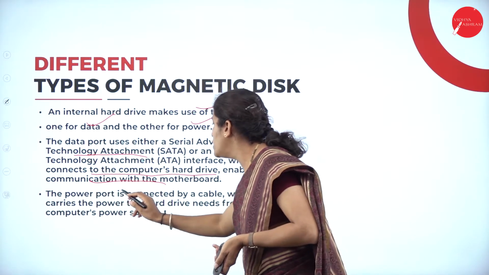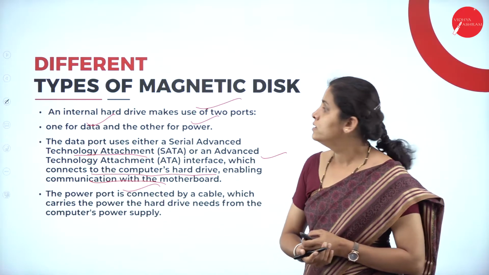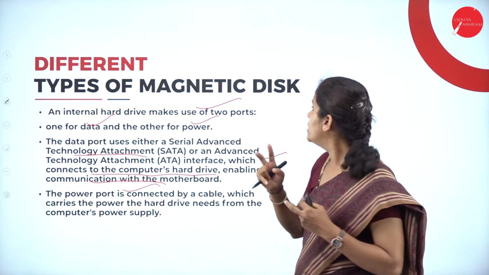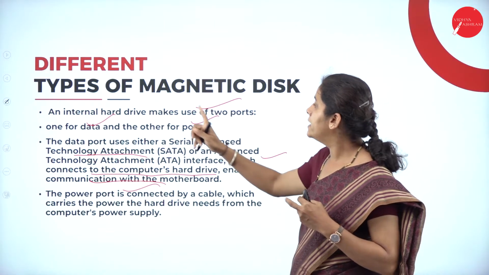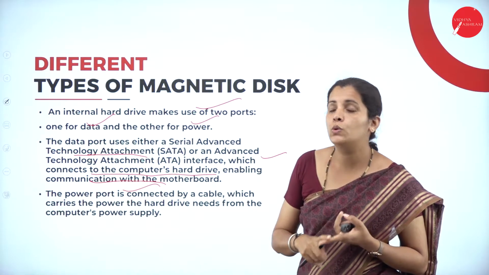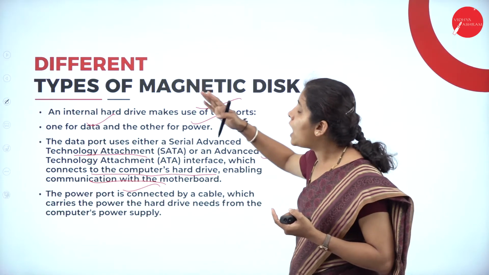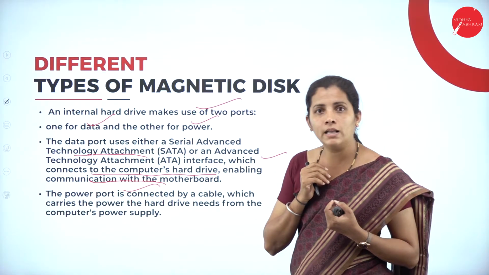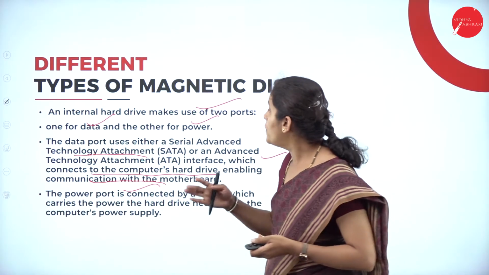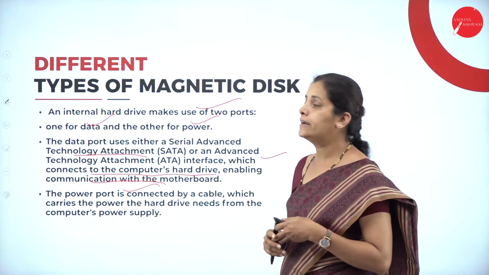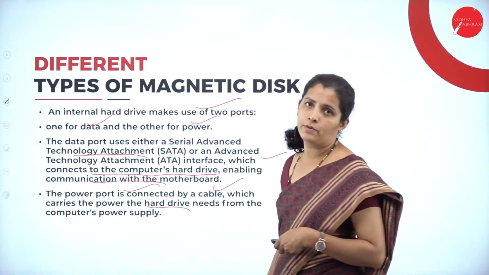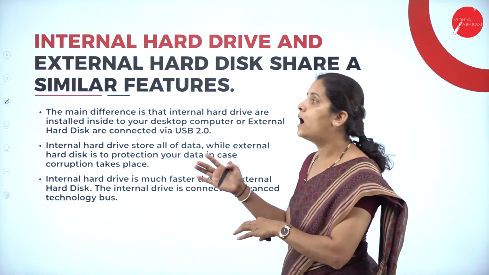So in an internal hard drive, we get two ports, the data port and the power port. The data port is used to connect your hard disk with the computer motherboard for data transfer, whereas the power port is connected by a cable which carries power to the hard drive.